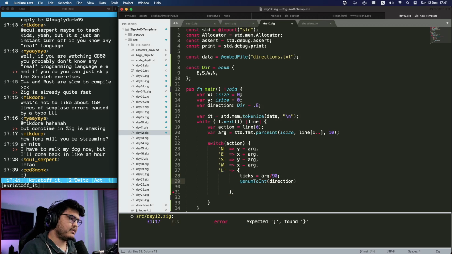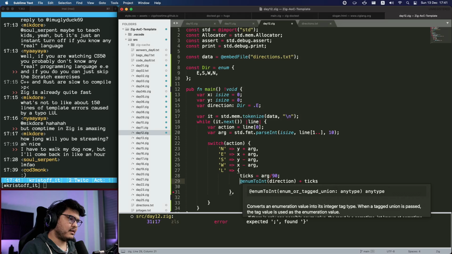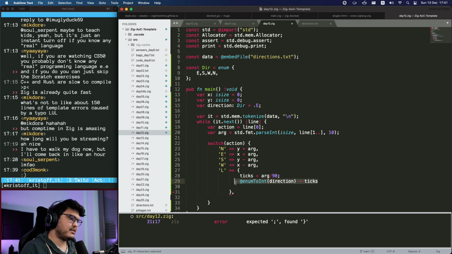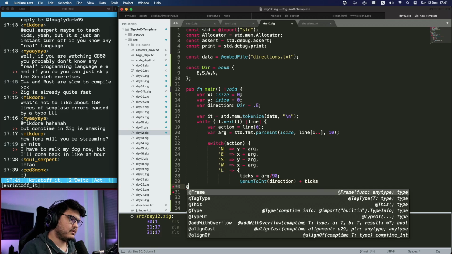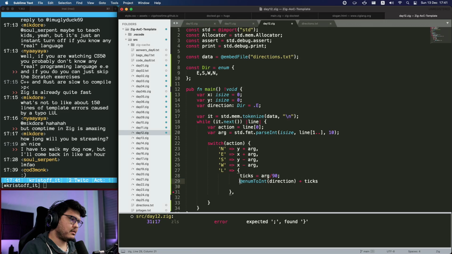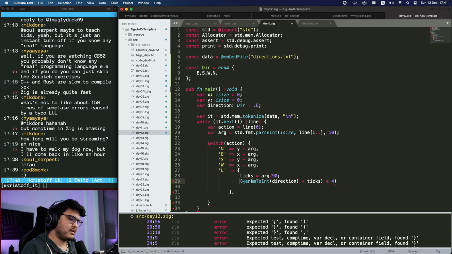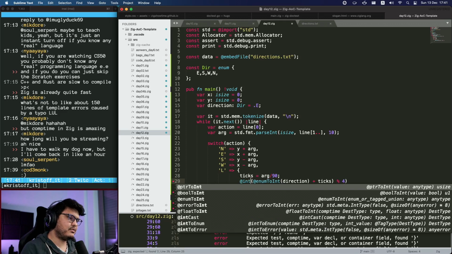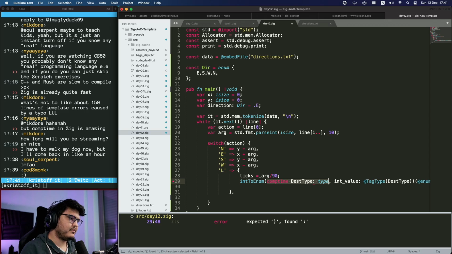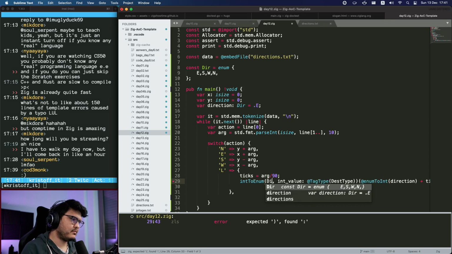So transform into an int, I add ticks, and I then modulo everything by 4, because we have 4 directions. Sorry, this parenthesis should go here. And then int to enum, here, int value is this.